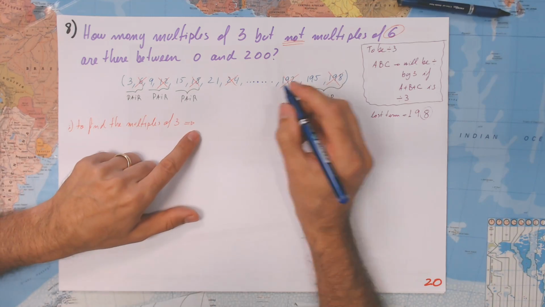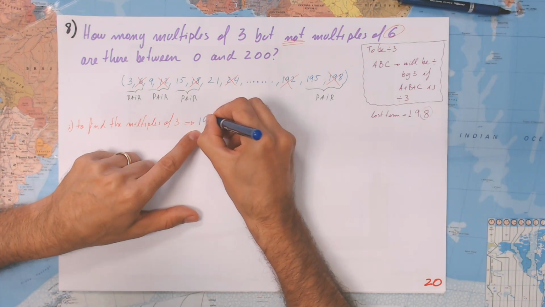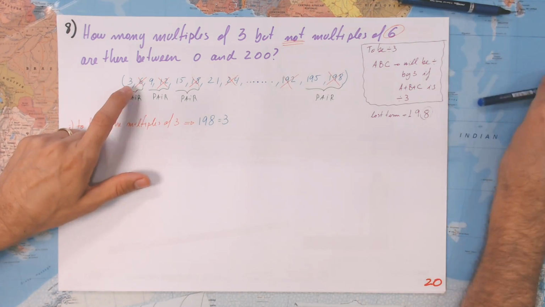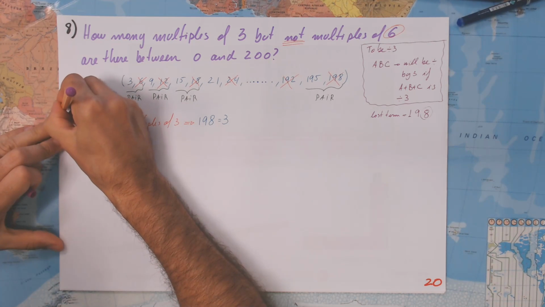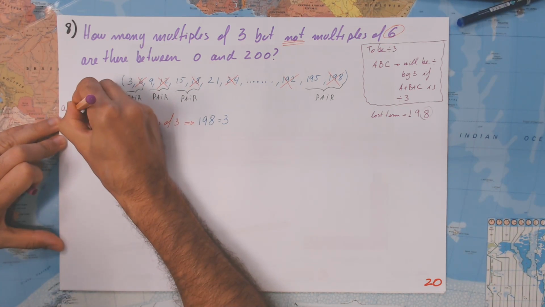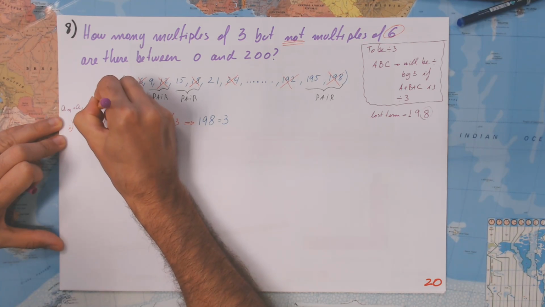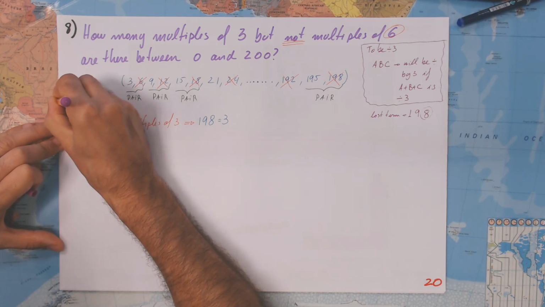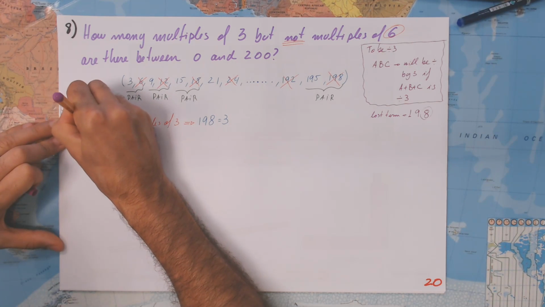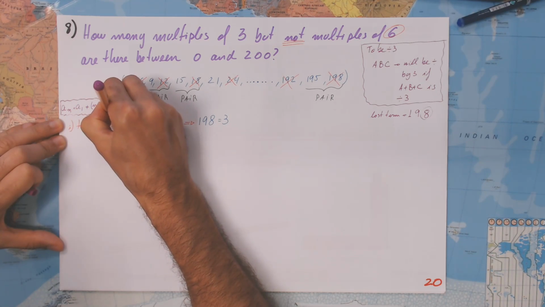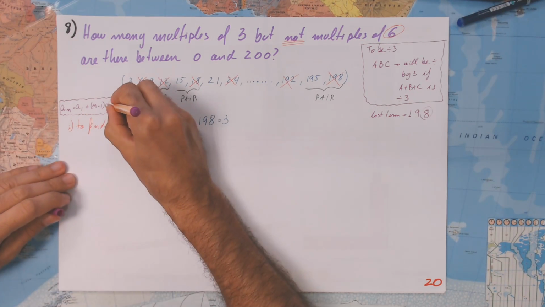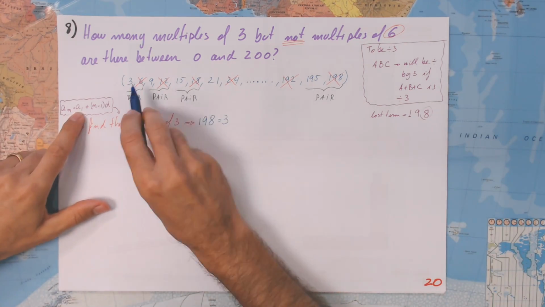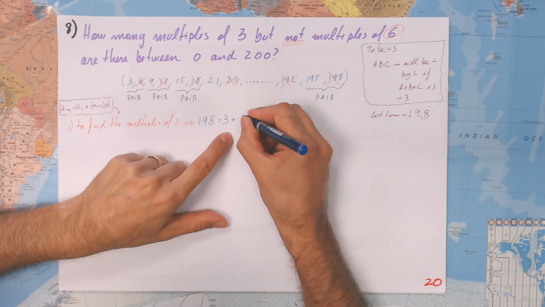Now, what is the last term? 198. What is the first one? 3. I'm just using this formula, okay? Remember, a_n is a_1 plus n minus 1 times d. A_1 is 3 plus, now what is n minus 1?